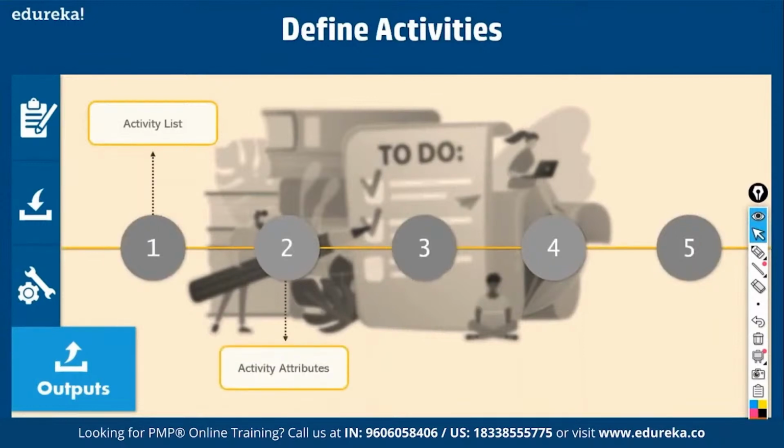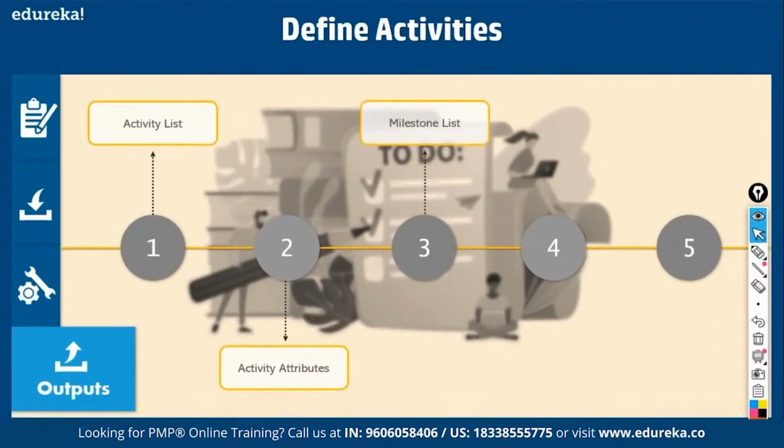Then activity attributes. What are the activity attributes? These activities have a particular set of features. Who should do it? How long should it take? Durations. What are the costs for these activities, right? In what sequence should it be done? Which activities come first? Which should come next? All these are called activity attributes. Then the milestone list.